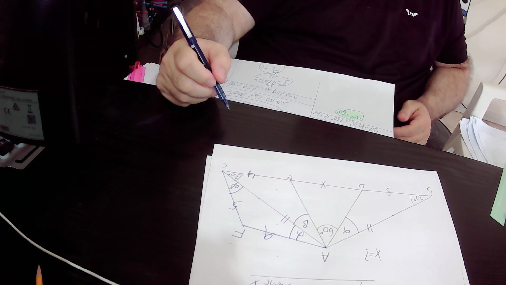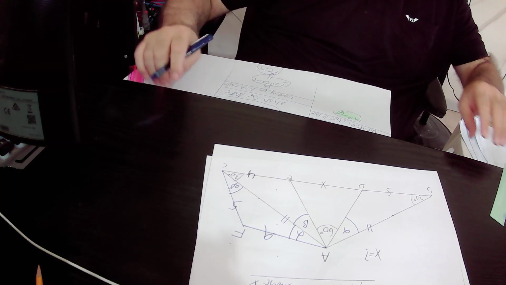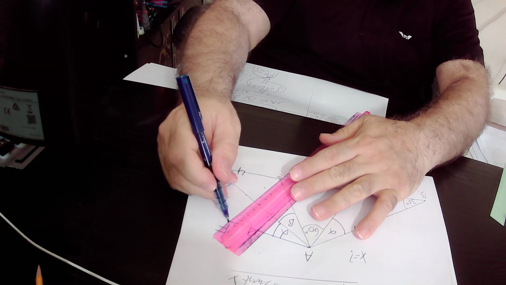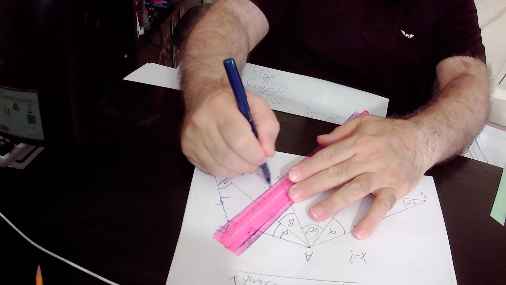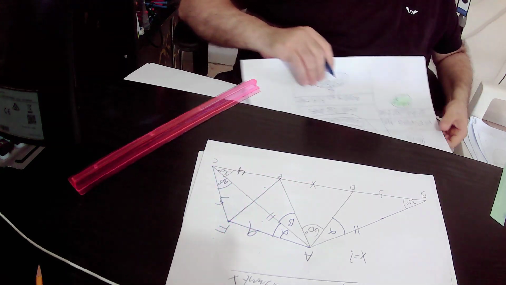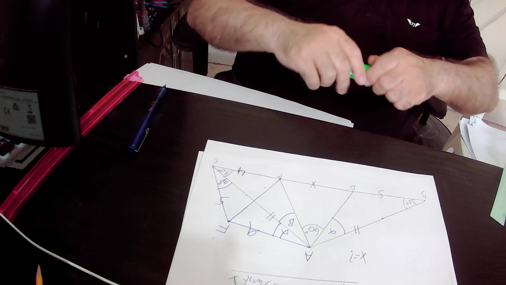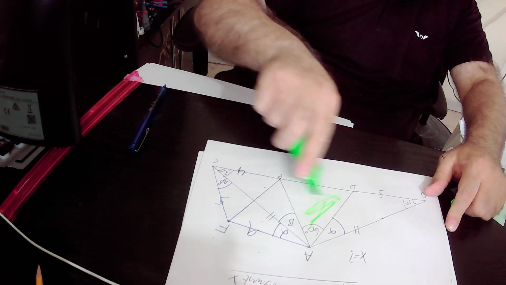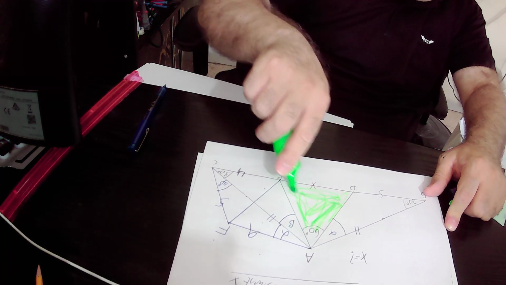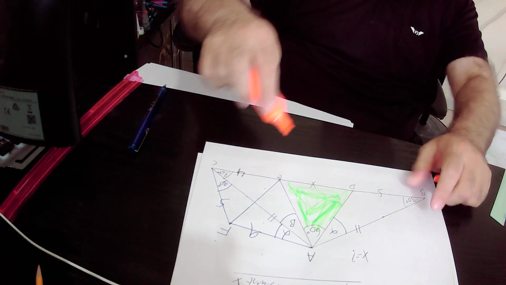In the next step, we will join points E and F together by a straight line. And we will prove that the green triangle ADE is congruent to the orange triangle AEF.